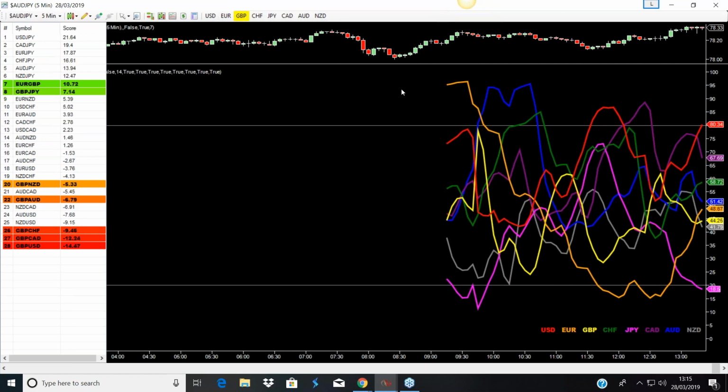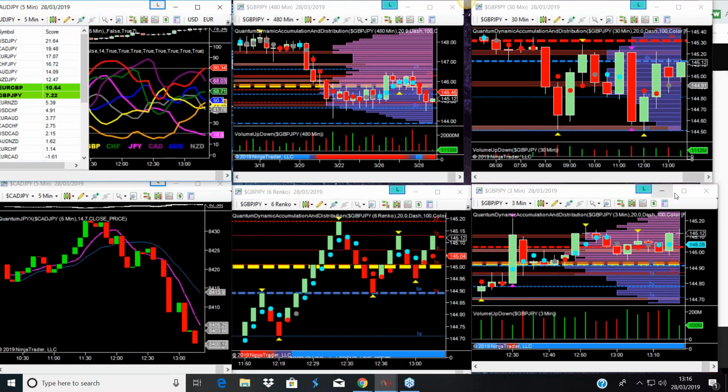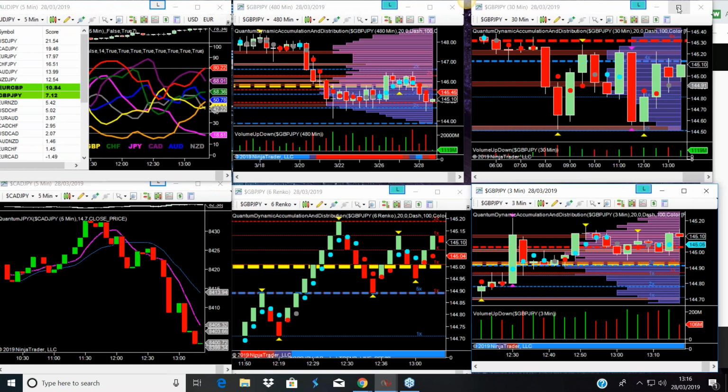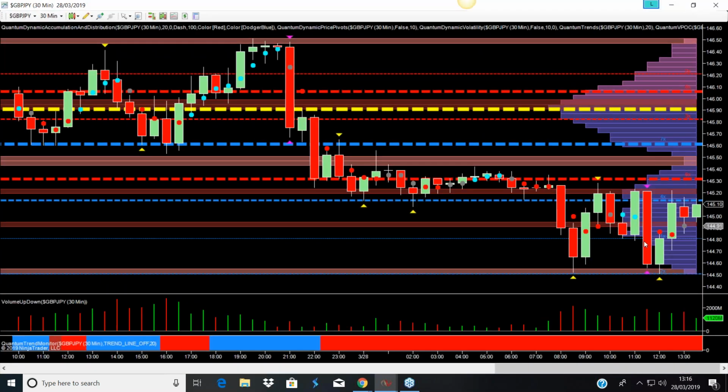Do you want to move over to your side, or do you want more to say on that? Yeah, okay. Just to finish off on my 3-minute chart, we're still trading within the spread of this volatility candle here on the 3-minute, and we're also still within the spread of this 30-minute candle here.